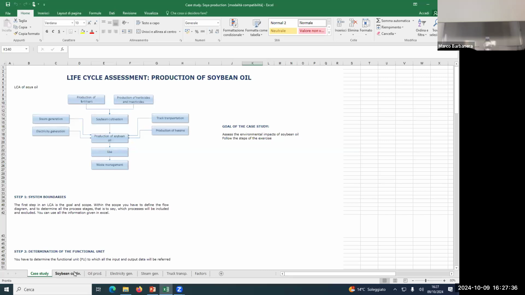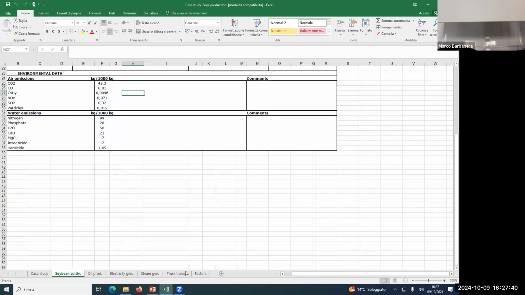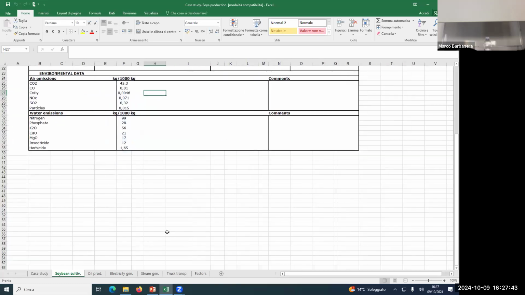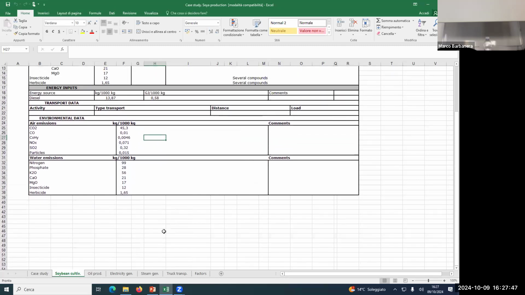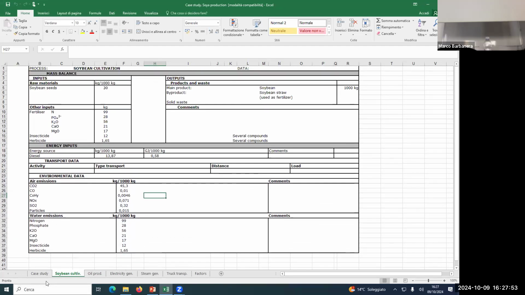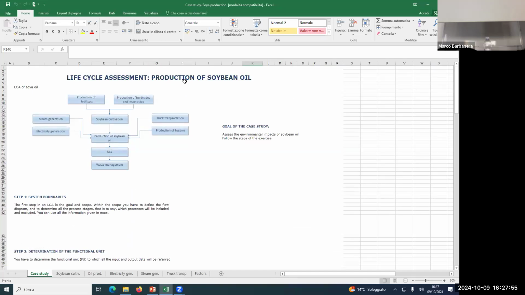But it's interesting now only to see which kind of data are important to collect during the inventory analysis.